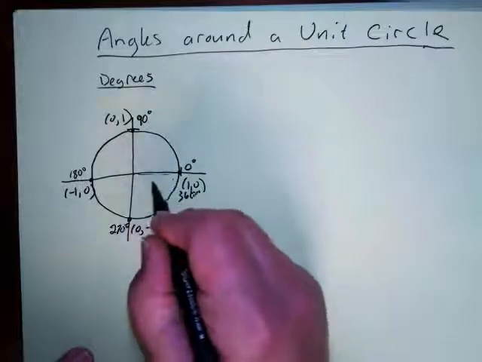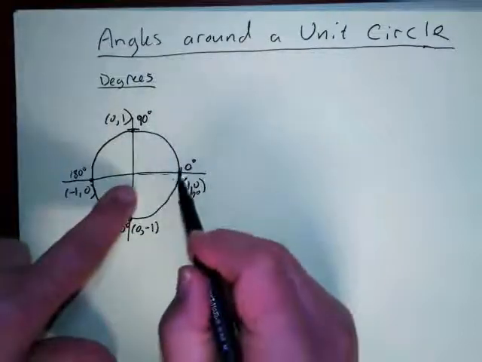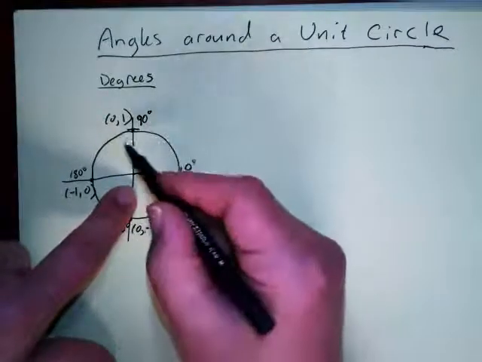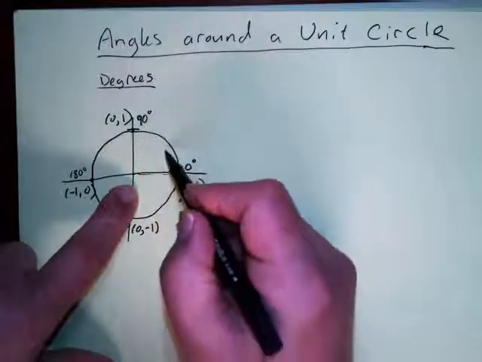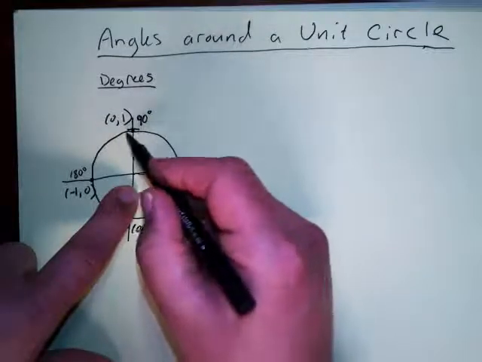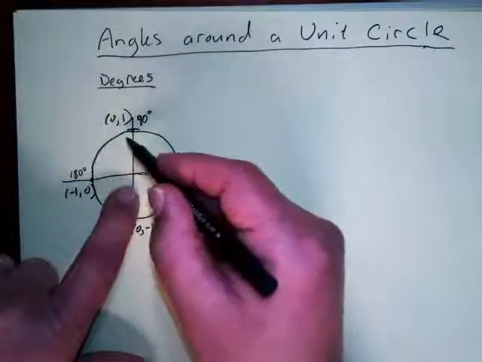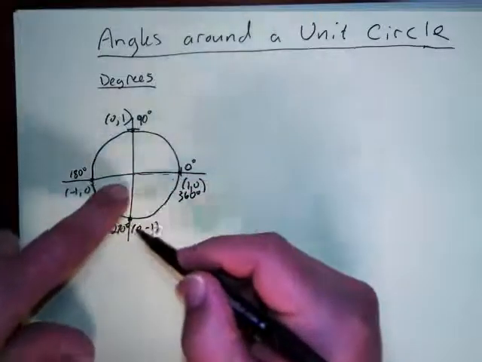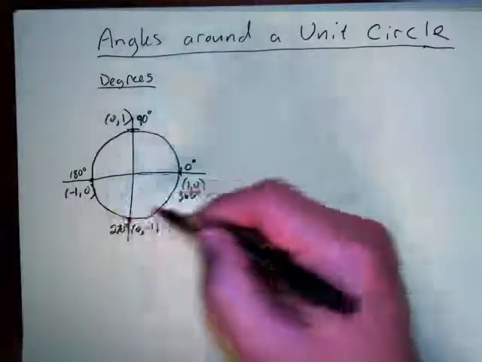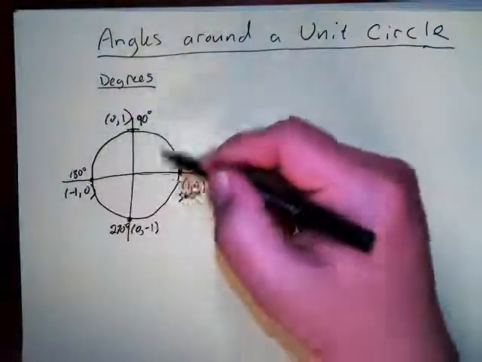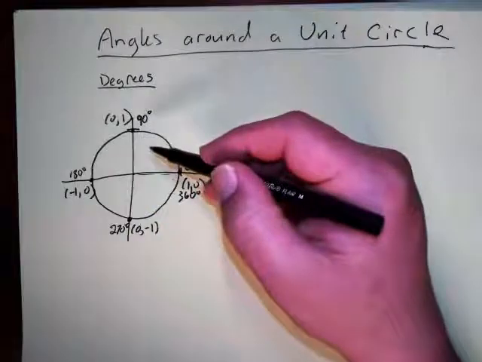Now the thing is, you can keep going, right? So 360, and if you go back up to 90, that would be 450 degrees, it looks like. And then another 90 would be 540 degrees, and you could keep going. And basically, you could go however much you wanted to go, okay?